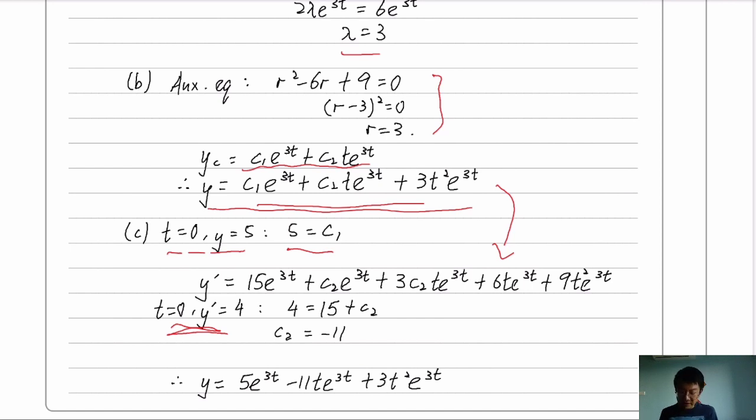Differentiate that carefully because again we need to use quite a bit of the product rule. Substitute the values in, and then we will get the value for the other constant. At last, just state the values of our constants. So that will be our part C.